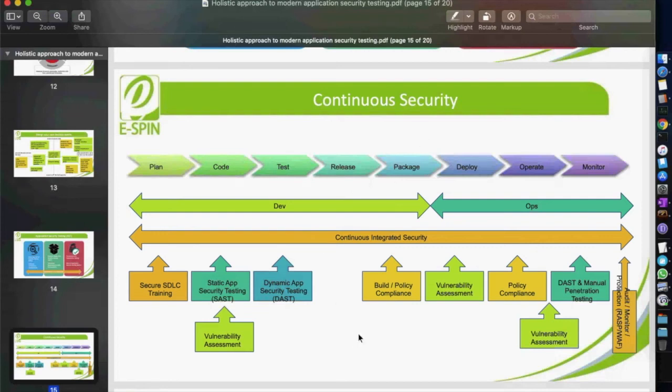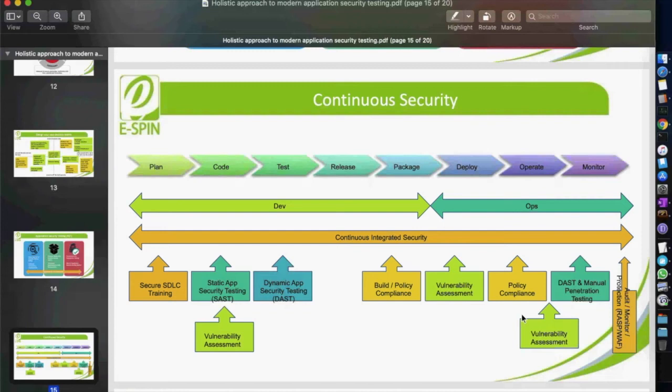Then for packaging time, we may have policy compliance testing to make sure it complies with your own internal policy. But for government industries and sectors, they are more concerned with complying with industry standards, to make sure all the things mentioned are properly checked and complied with, right? Then going into production, we do VA.